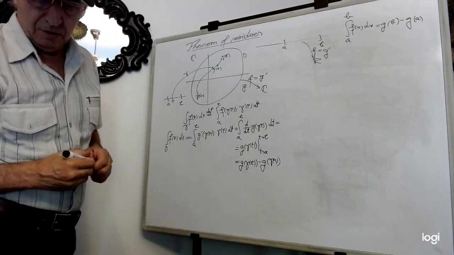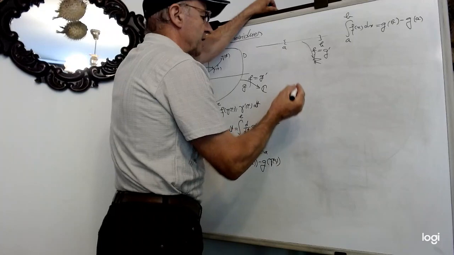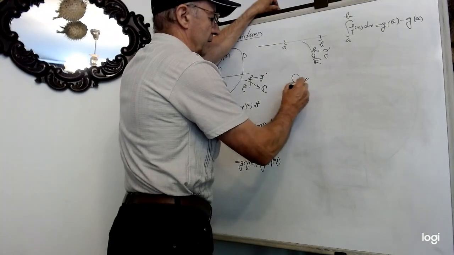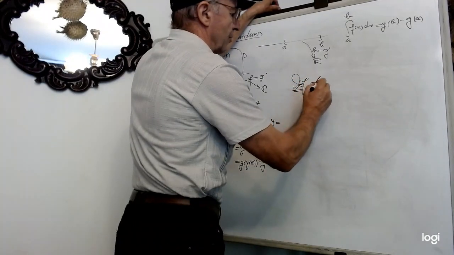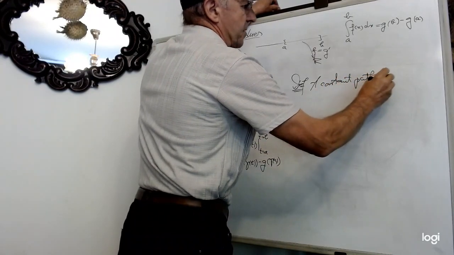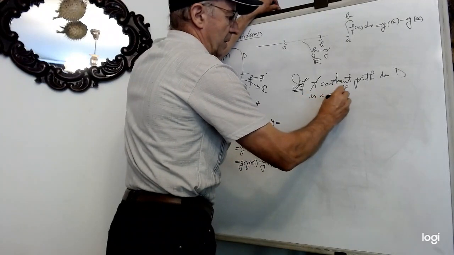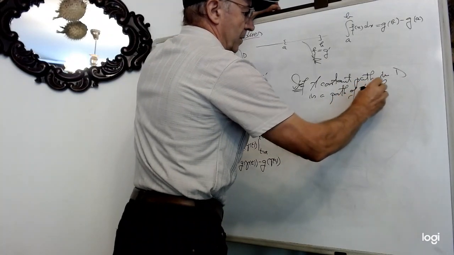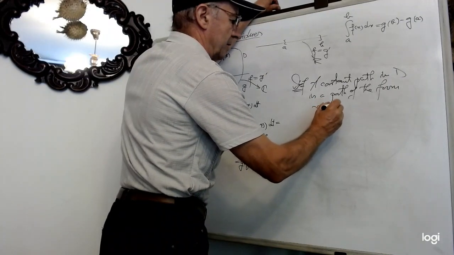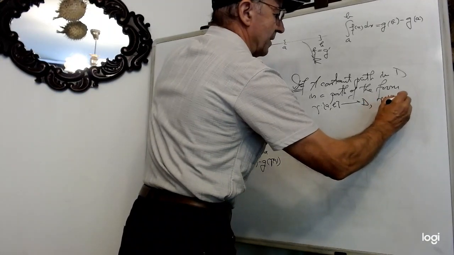Now, a very particular case of path is the constant path. Definition: a constant path in a set D is a path of the form gamma from an interval [a, b] to D, gamma of t equals a fixed point z0.